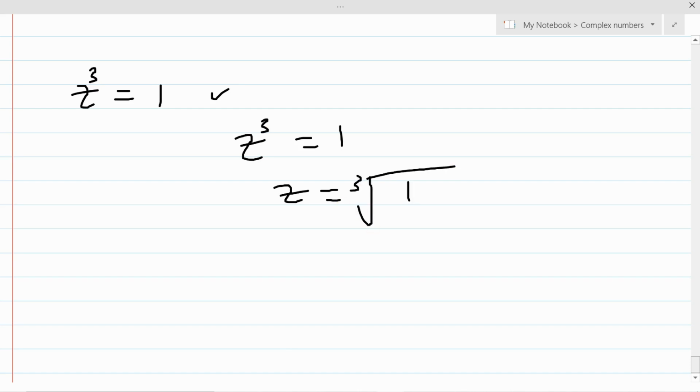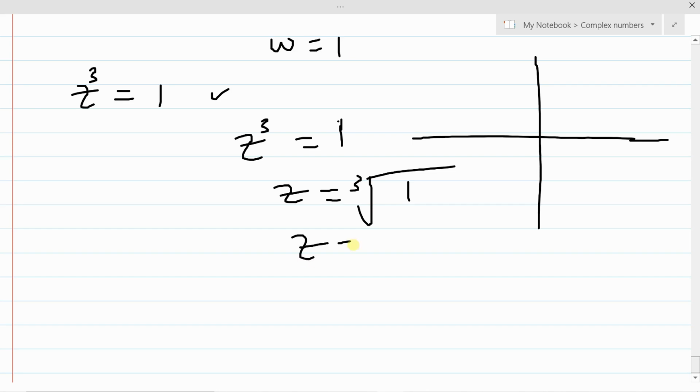So finding the cube root of 1, where 1 is the complex number we are considering now. Go to our Argand plane, plot the complex number 1 on the right side, and call it w. w is equal to 1. So finding the cube root of 1 is the same as finding the cube root of w.